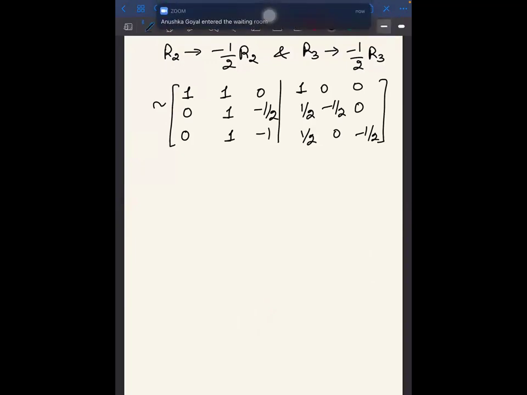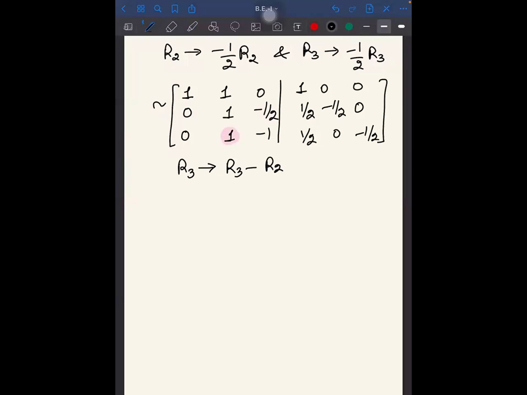Now your next step would be you make 0 over here. You make 0 over here, and 0 over here as well. So what should we do to make 0 here? Simply you operate on R3 minus R2.